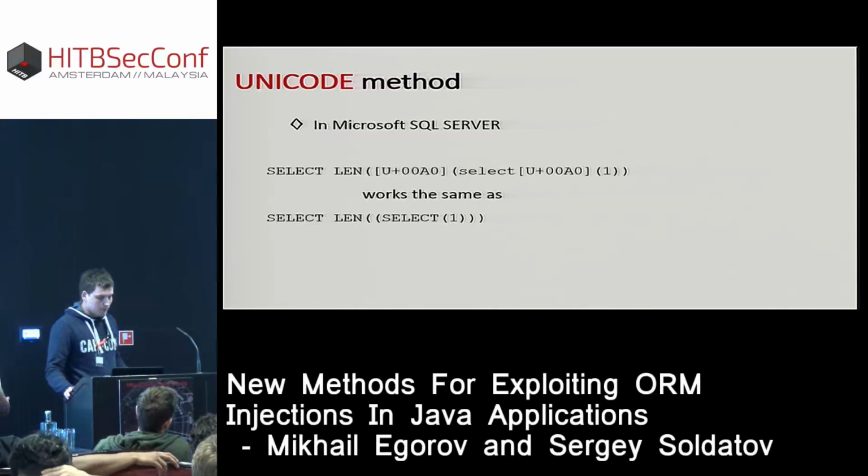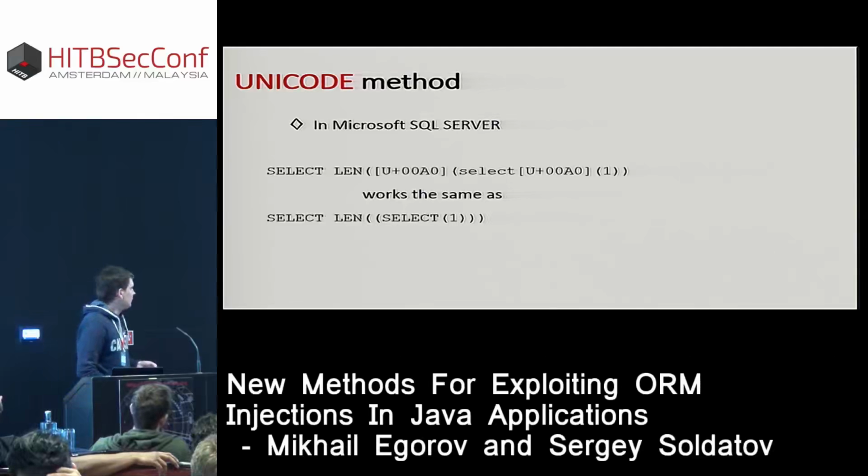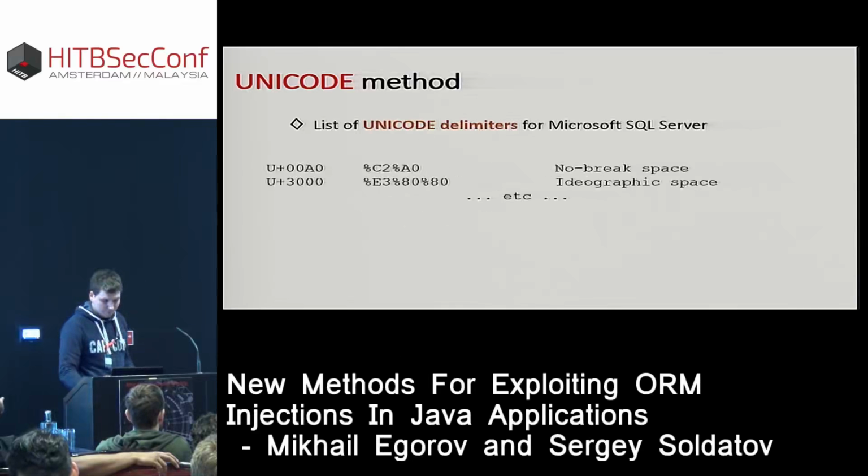In SQL Server, these two queries work the same. In the first query, you can see that we use a Unicode delimiter with code point 00A0. There are many Unicode symbols that work for Microsoft SQL Server as token delimiters. But for exploitation, these two symbols work: the no-break space and the ideographic space.